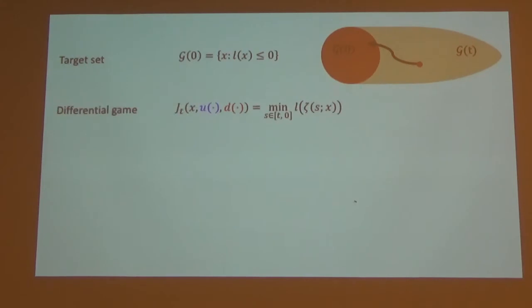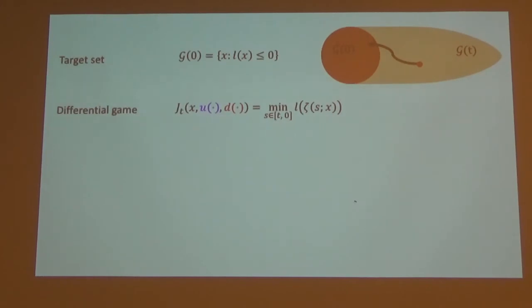And then what we do is we define a zero-sum differential game between control and disturbance, where the cost functional is the minimum of this function L over the entire trajectory. This is my cost function. We will see why that works, but I'm just going through the process of defining the differential game which will give us the reachable sets.